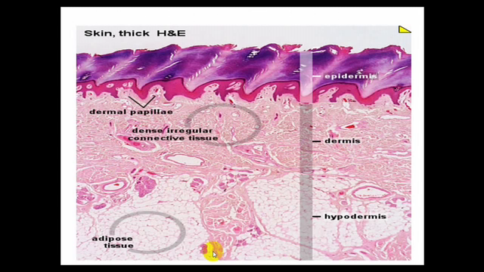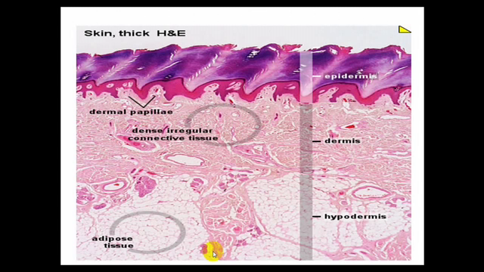It also includes fibroblasts, mast cells, lymphocytes, many macrophages, and fat cells in the deeper aspect of this layer.